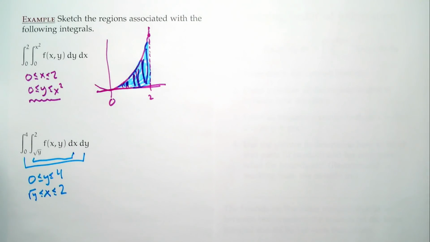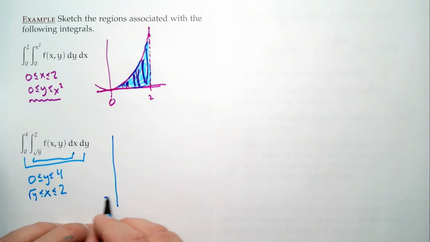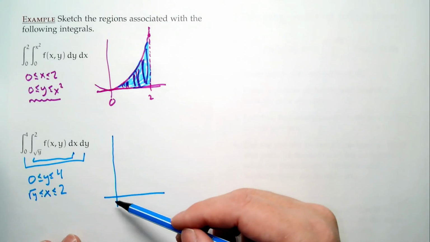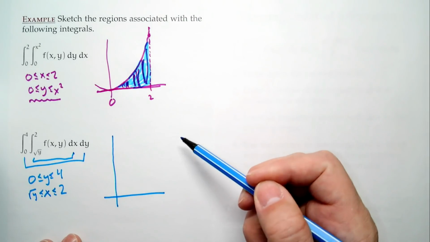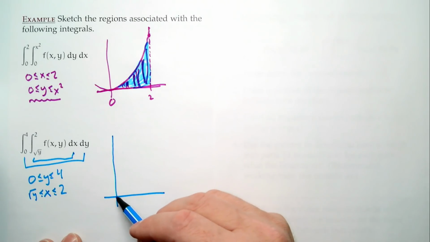All right, so now we sketch the curves. Of course, it's going to be a little bit more interesting because we're very used to sketching curves of the form y equals something of x. We're a little bit less familiar with x equals something of y, but hopefully these aren't too bad. So x equals square root of y. Now y equals square root of x, we know that shape. x equals square root of y essentially turns it sideways.